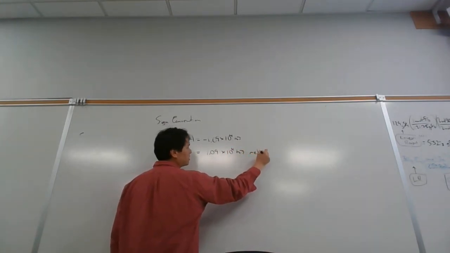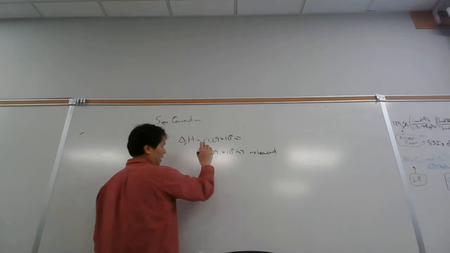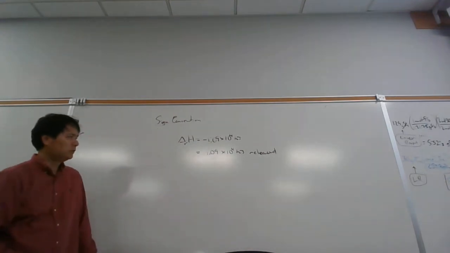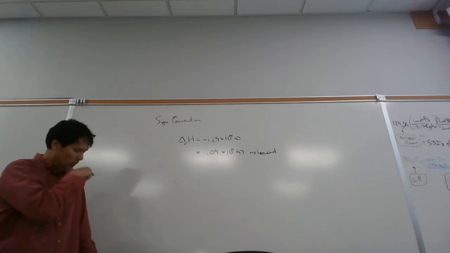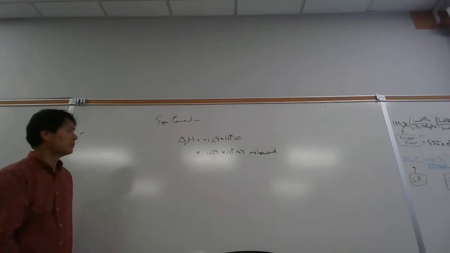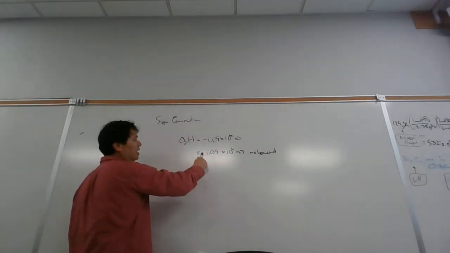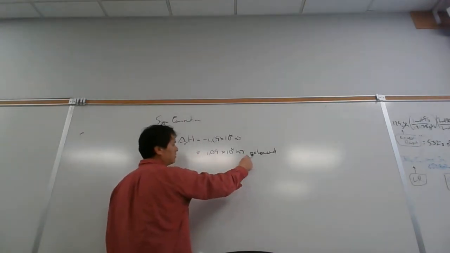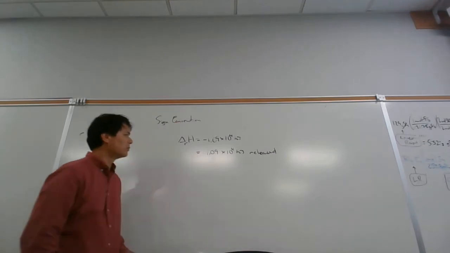The sign just tells us, was the energy lost to the surroundings, or was the energy consumed from the surroundings? And so in this case, it's lost or released. And so I'll just say 1.09 times 10 to the 4th kilojoules released.